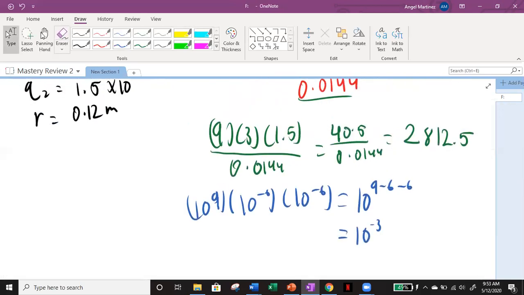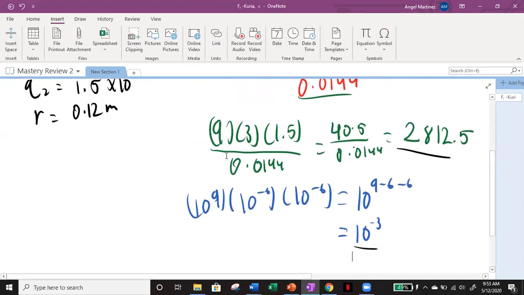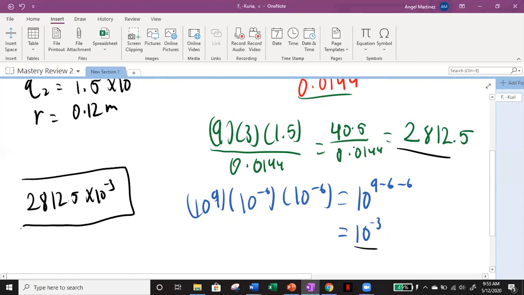So now we just combine our answers together. It was 2812.5 times 10 to the negative 3. You can leave your answer like that, but if you want to make it nicer, put it in exponent form, not decimal.